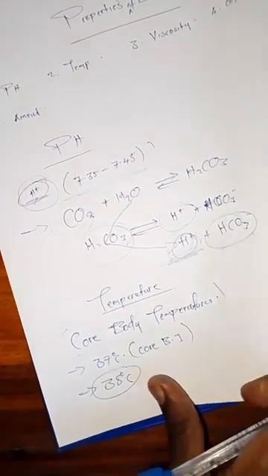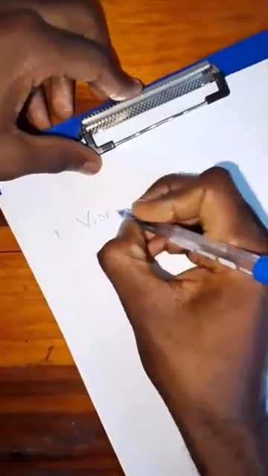Then the other property that I would like us to look at is what we call viscosity. Have you ever heard of that saying where people say that blood is thicker than water? Basically, that is true. The reason is that blood has a higher concentration of formed elements.